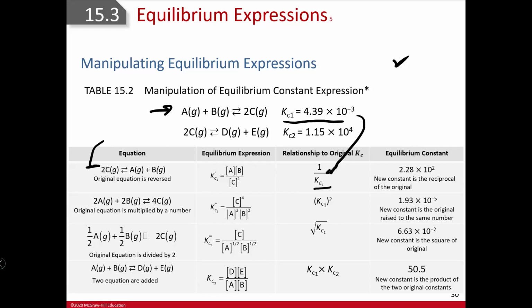All right. If I double reaction A, then I raise the constant to the power of 2. If I double it, I raise it to 2. If I triple it, I raise it to 3. Here's the one that gets a lot of people. If you multiply it by half, that's the multiplier. Then these become 1/2. And it is the square root.